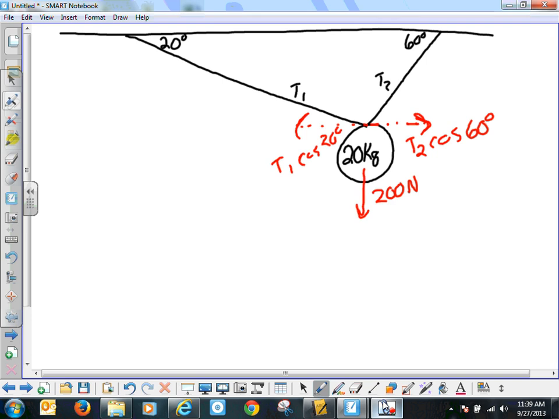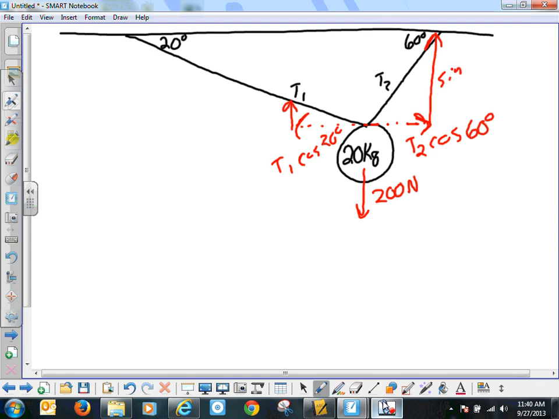And then you always draw your x's first because you know they're equal. And then you look and see, well, this piece right here is going to be more. So right now you can see that T2 is going to be bigger, right? If you're just looking at the picture, the shorter one is almost always the bigger one if they're hanging off the wall like that.